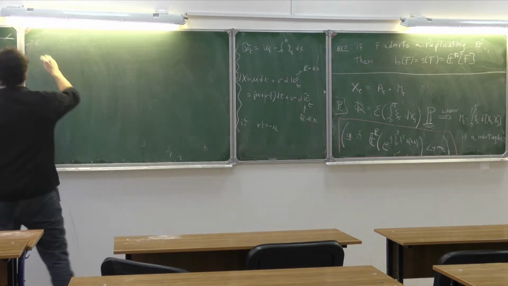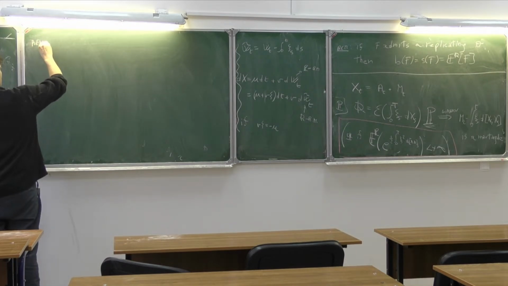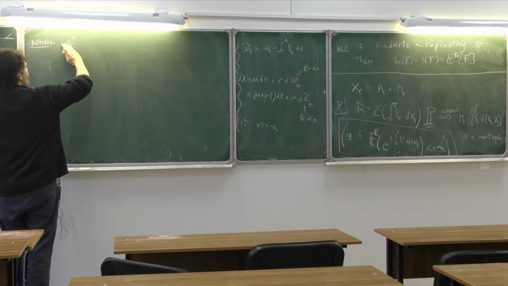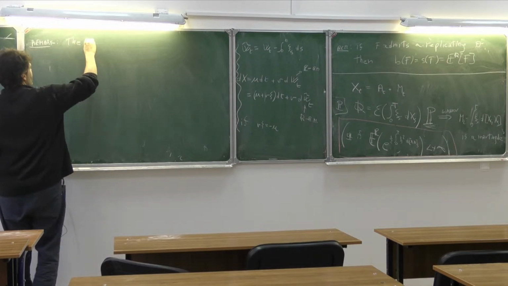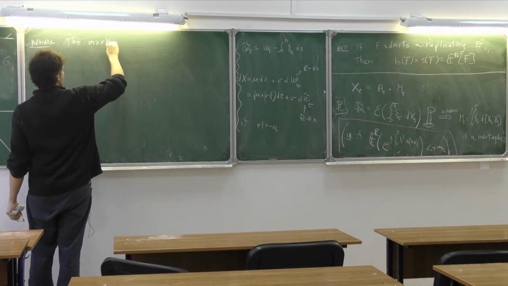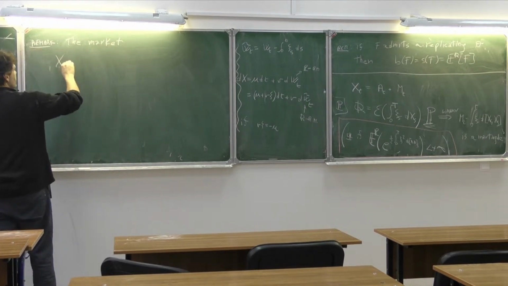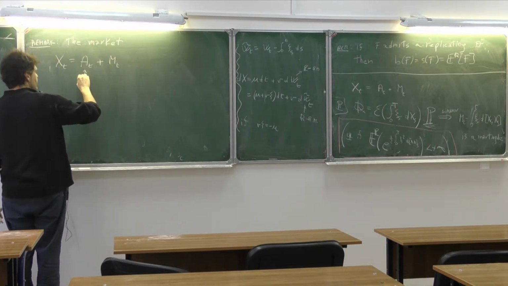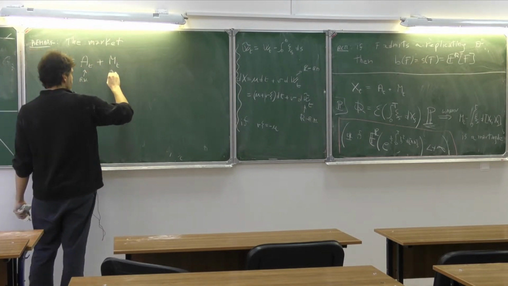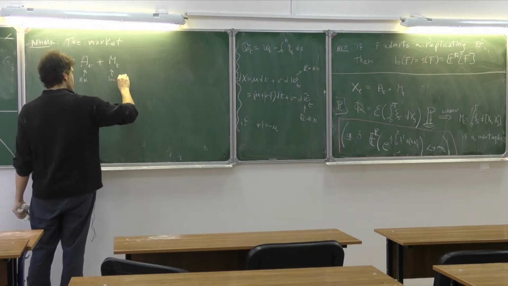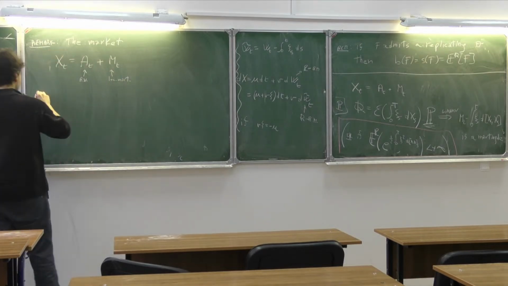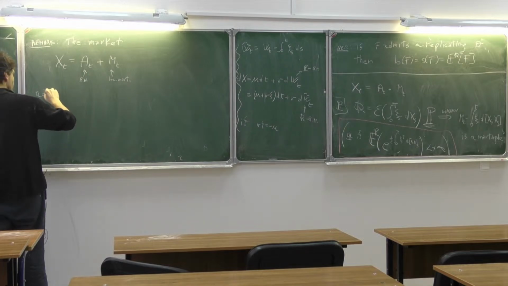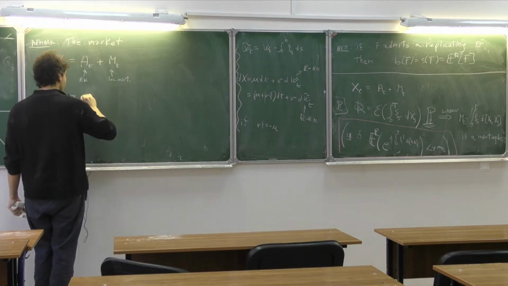Remark: the market X_t equal to A_t plus M_t, where A is of bounded variation and M is a martingale, admits an equivalent martingale measure.